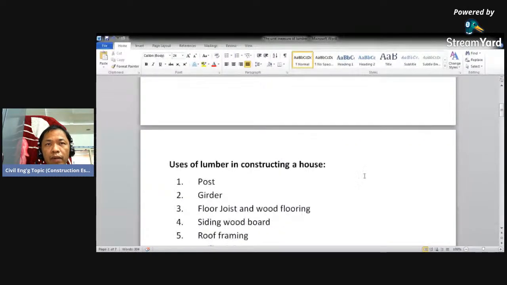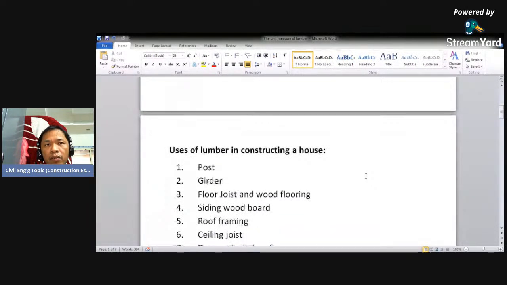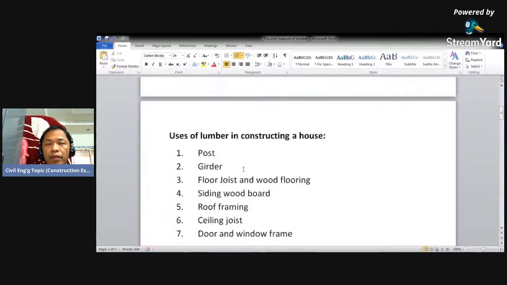What are the uses of lumber in constructing a house? So marami po siyang uses. We can use it in the post. Kasi may mga bahay pa ngayon na using wood post. We can use it as girder, yung patungan ng flooring joists.